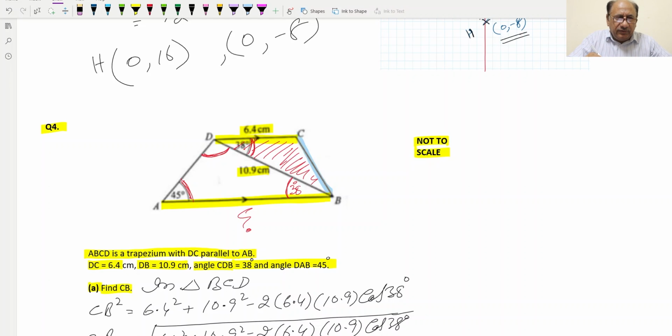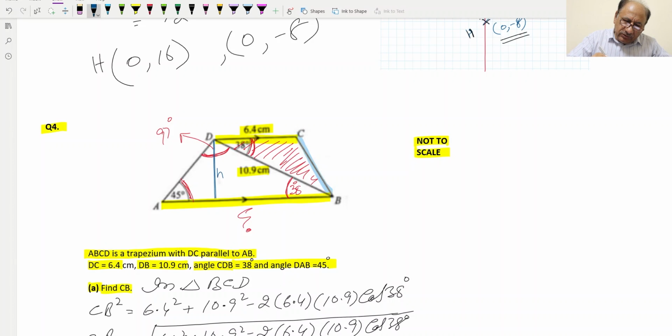So I will find this angle. So this angle is 97. I'm writing here, and now what we will do, we will draw the perpendicular line, and this one will be the perpendicular height.